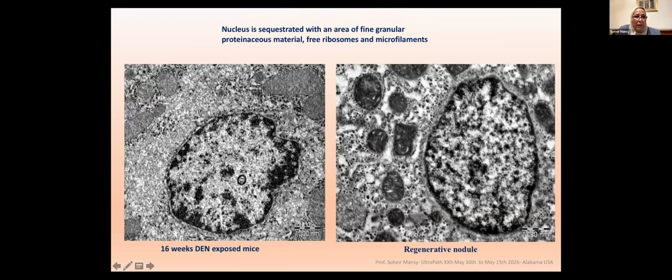Another observation is the presence of a sequestrated nucleus with granular proteinaceous material, ribosomes, and microfilaments. This is a case of regenerative nodule from a 16-week TAA-exposed mouse.